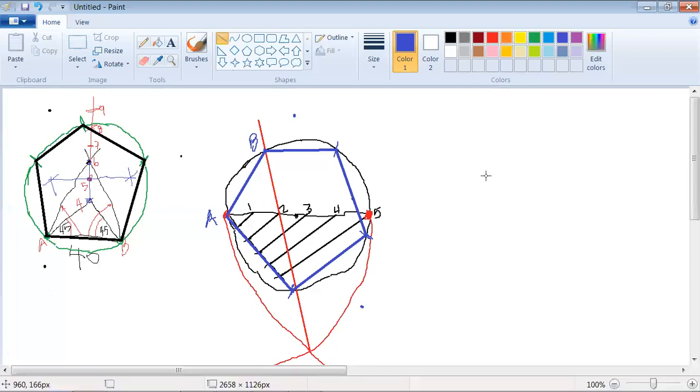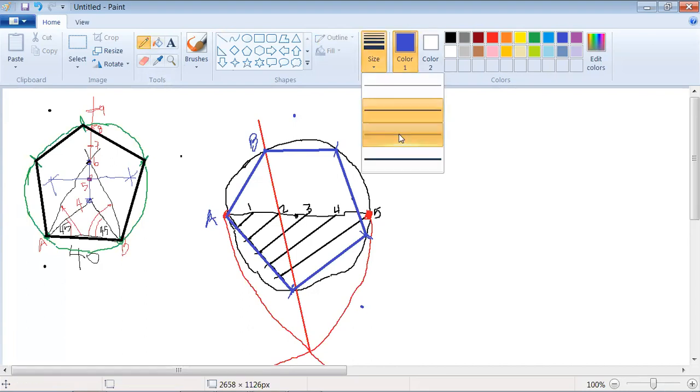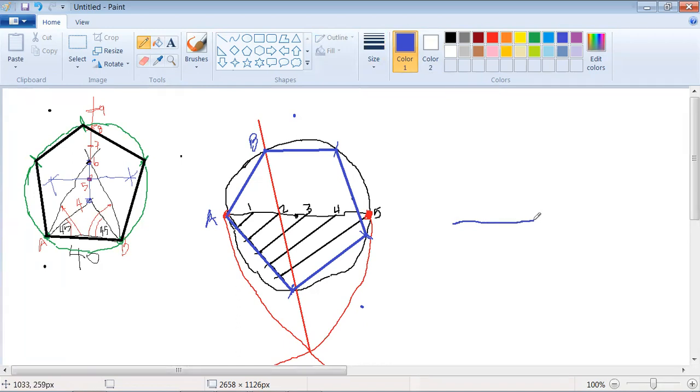Let's see this one. Say they give you the length of one side, they say it is 40 millimeters. And you know the length of the side.